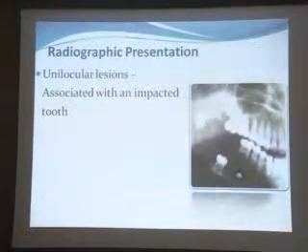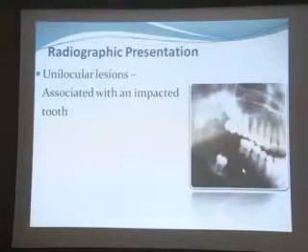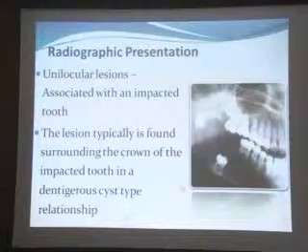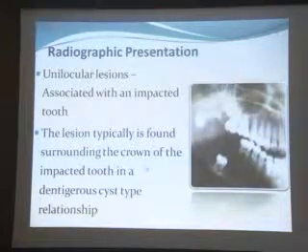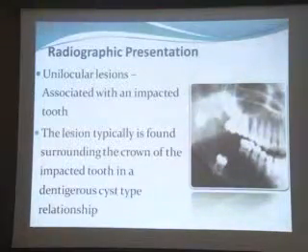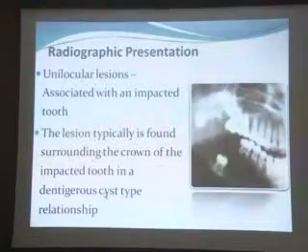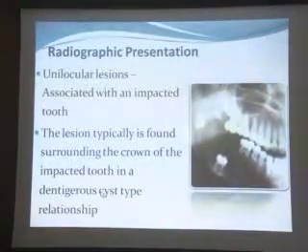Such a radiographic presentation will definitely mimic a dentigerous cyst type of relationship. If the lesion is found surrounding the crown of the impacted tooth, the differential diagnosis will be dentigerous cyst. Though clinically the differential diagnosis is dentigerous cyst, histopathology will confirm the diagnosis.